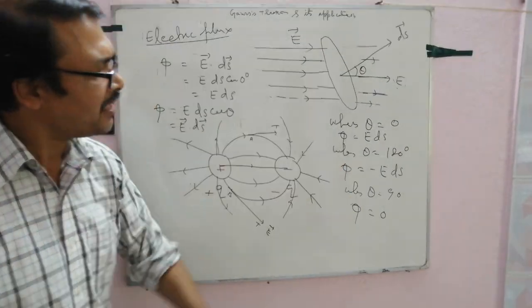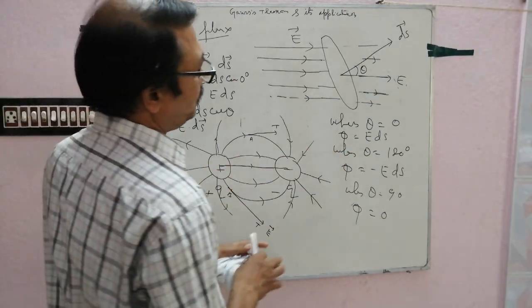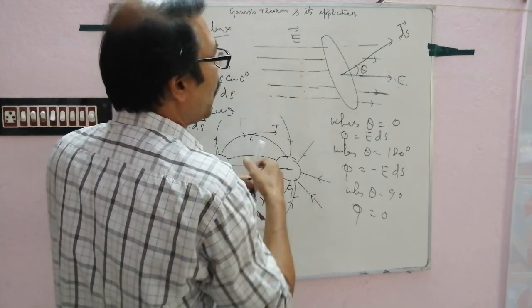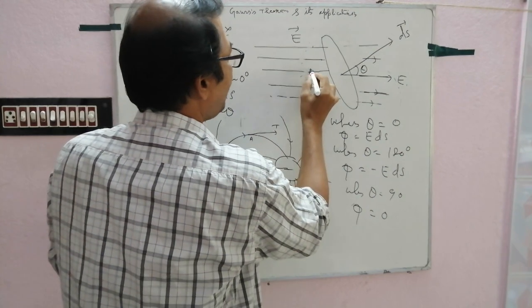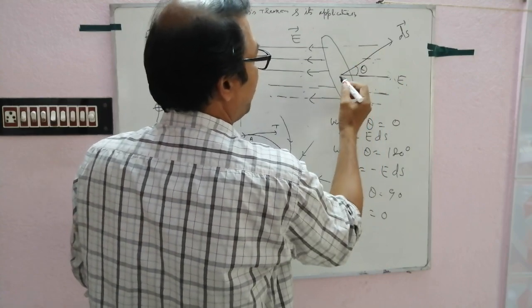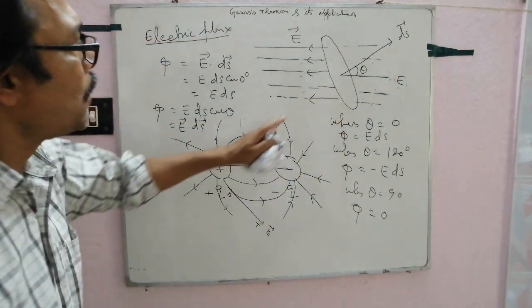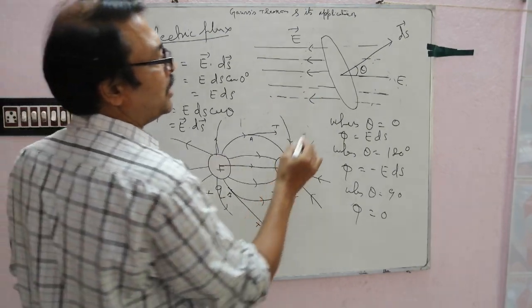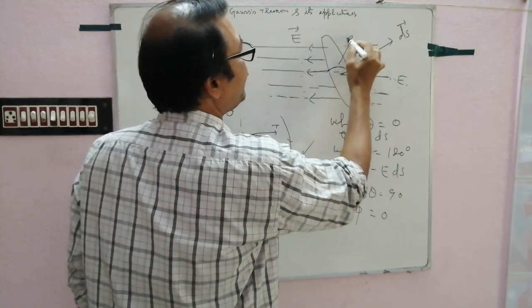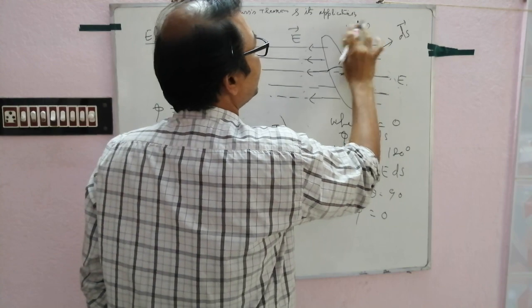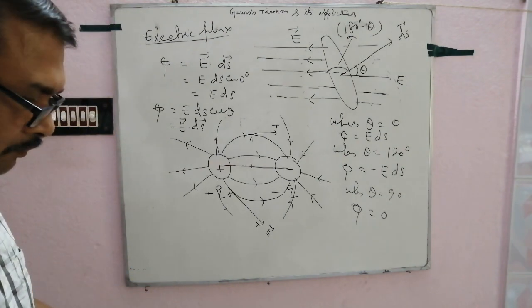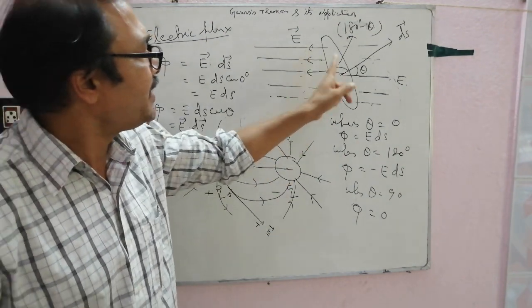So what is the significance of negative flux? Follow the figure. If the electric field is in the opposite direction, in this direction, and the vector dS is in this direction, in this case it is minus E dS cos theta, because this angle is 180 degrees minus theta.